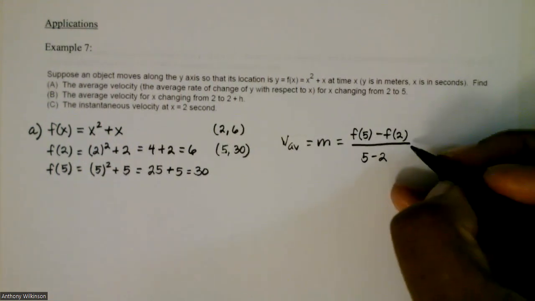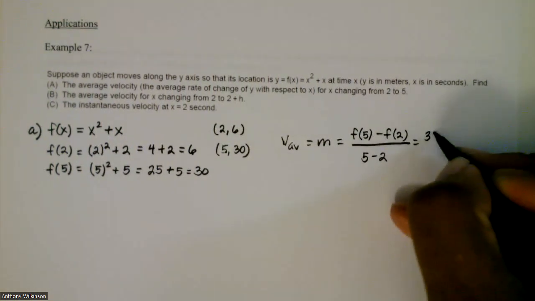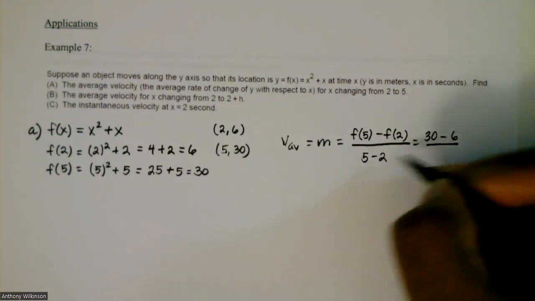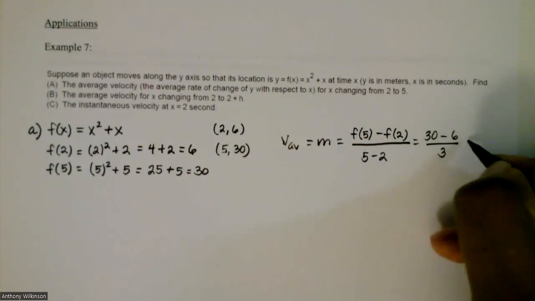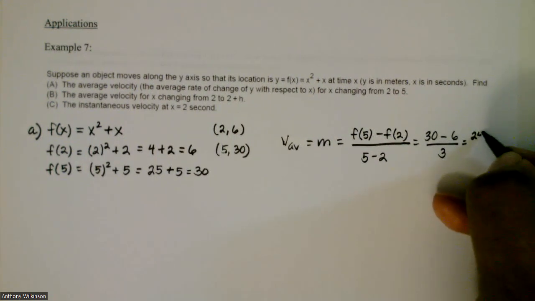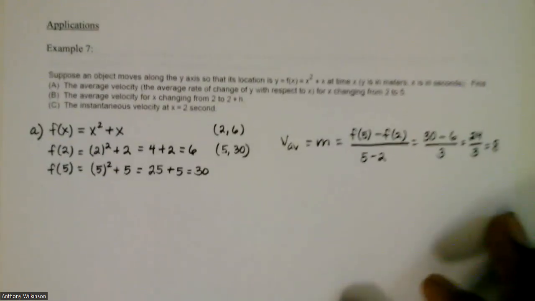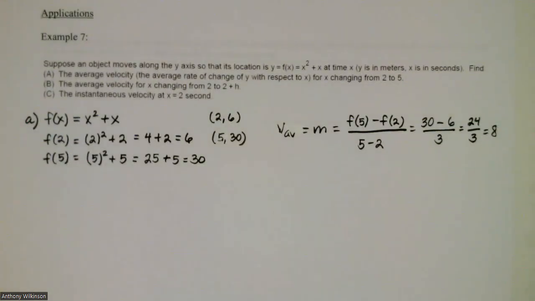So f of 5 was 30, minus f of 2, which was 6. 5 minus 2 will be 3. 30 minus 6 will be 24. 24 divided by 3 ends up being 8. So in this case, the average velocity or the average rate of change of y with respect to x from x changing from 2 to 5 would be 8.